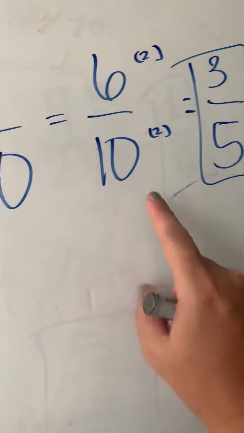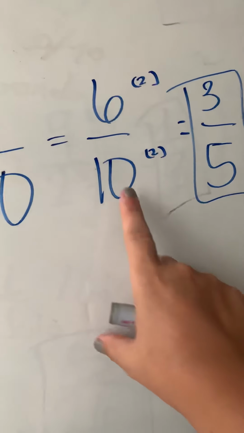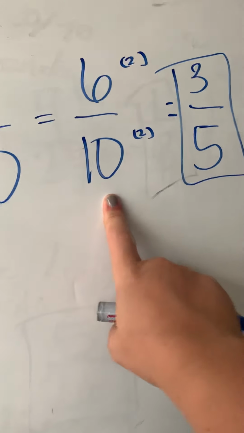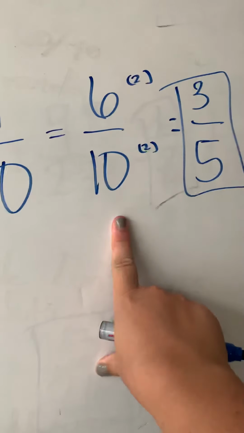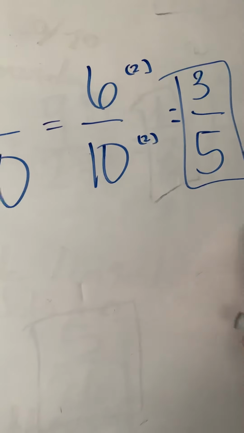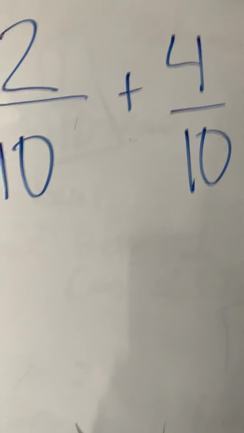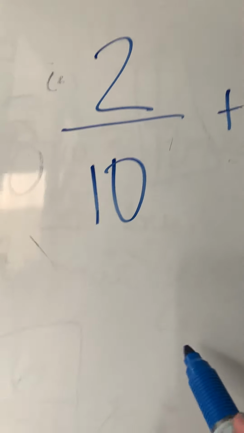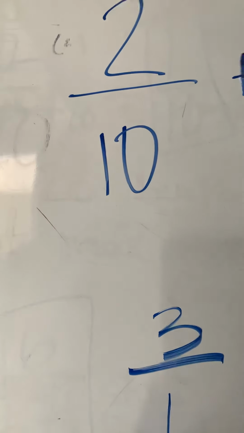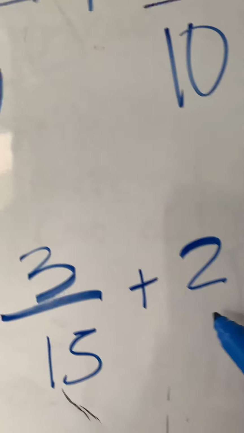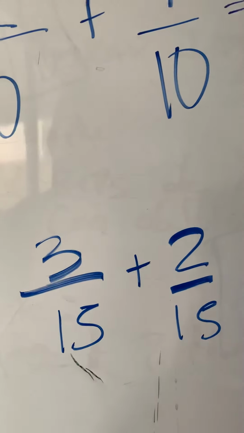If you were on a test, I would give you 1 point here, and if you just left it as 6/10, you would get 1 point, but I would take 1 point off for not putting it in simplest form. And let's do another one. We get 3/15 plus 2/15.